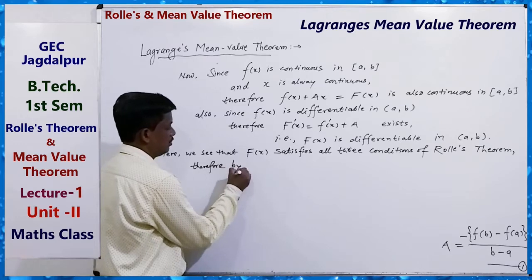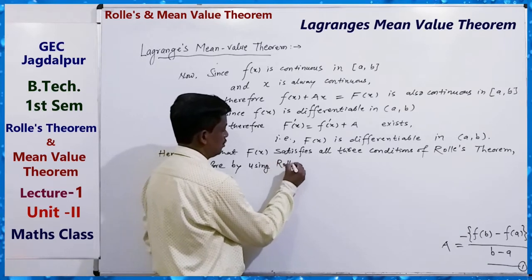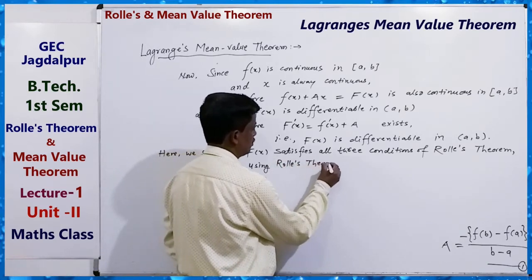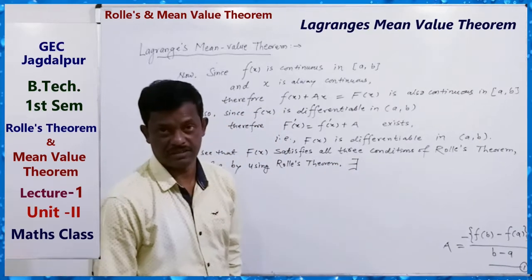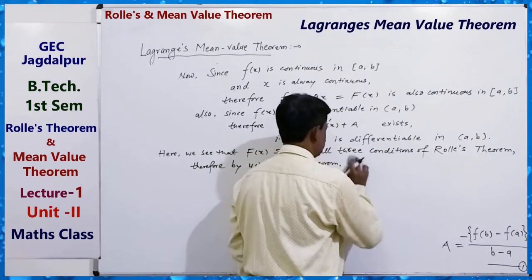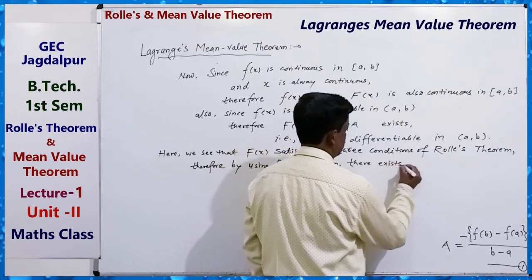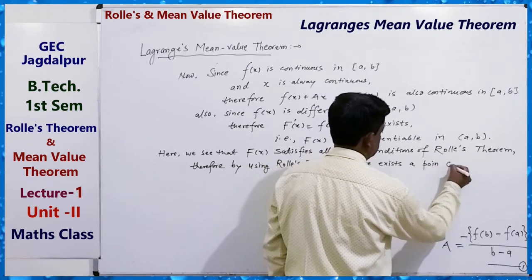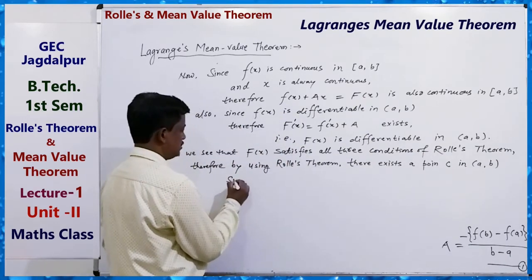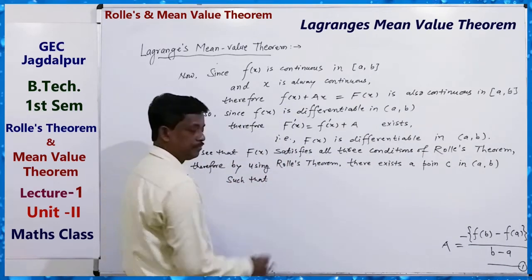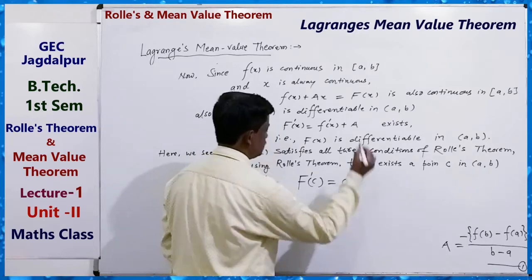Therefore, by using Rolle's theorem, there exists a point c in (a, b) such that F dash c equals 0. This symbol is used for there exists.